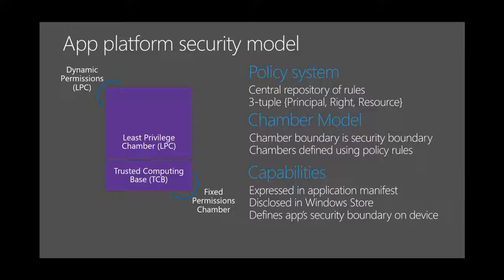I'll create you a chamber, you can run in that chamber, and those are the only capabilities you can have. If you try to call another capability in this app, you won't have it, right? It only gives the chamber those capabilities that the app actually needs, defined in the manifest of those apps.